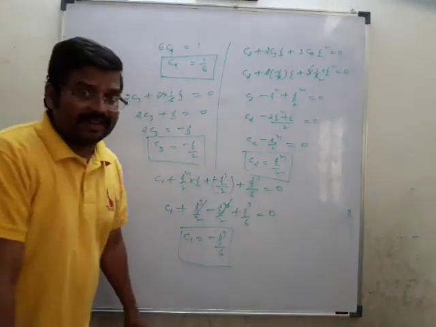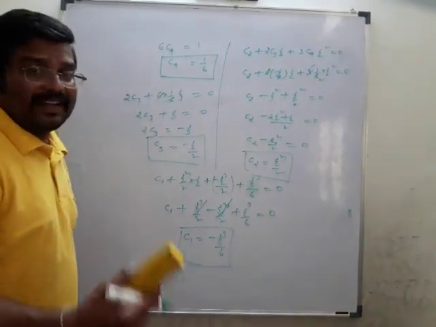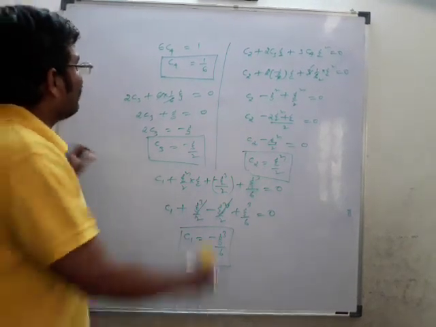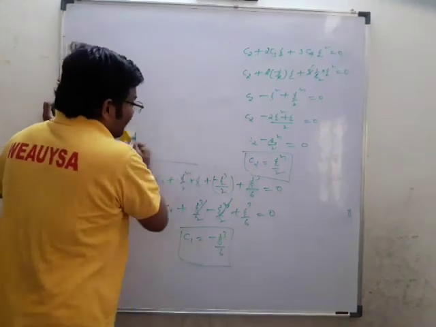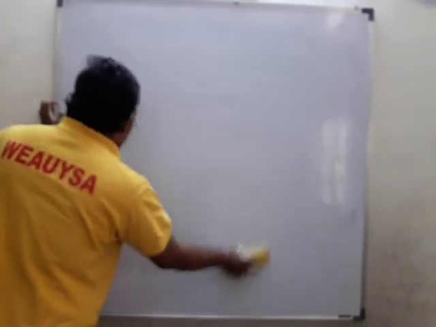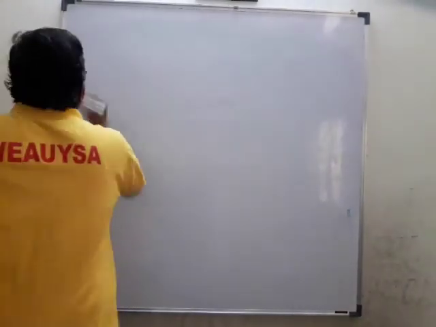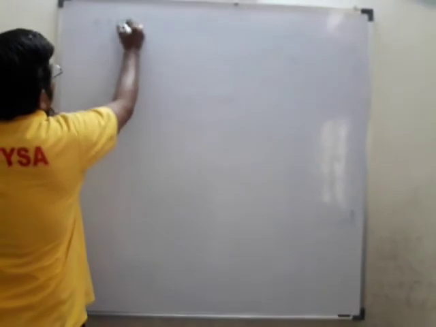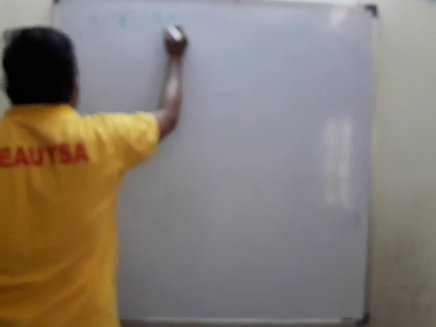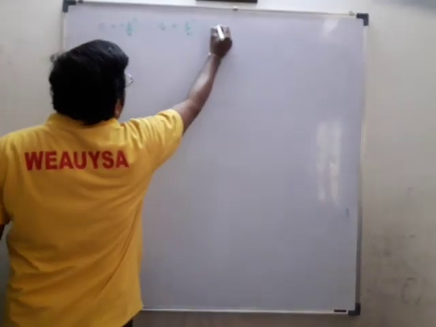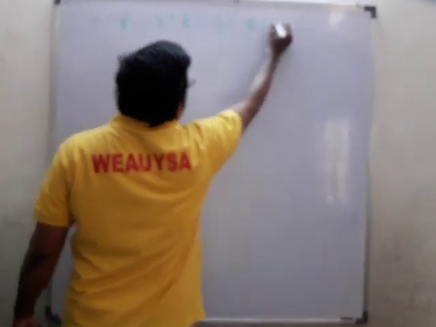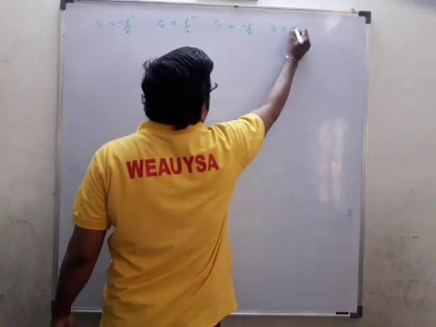Now we need to find the values of A1, A2, A3, A4, B1, B2, B3, B4 by using C1, C2, C3 and C4. First I'll write it like this: C1 is equal to minus xi cube by 6, C2 is equal to xi square by 2, C3 is equal to minus xi by 2, and C4 is equal to 1 by 6.